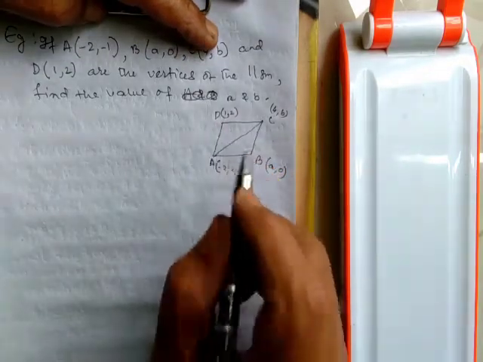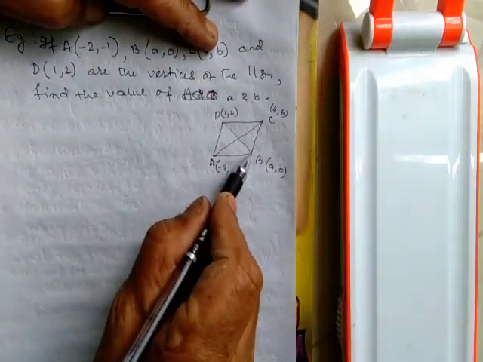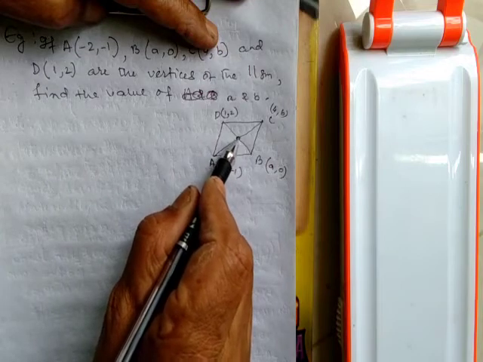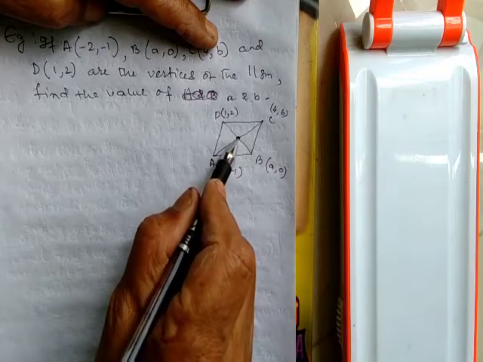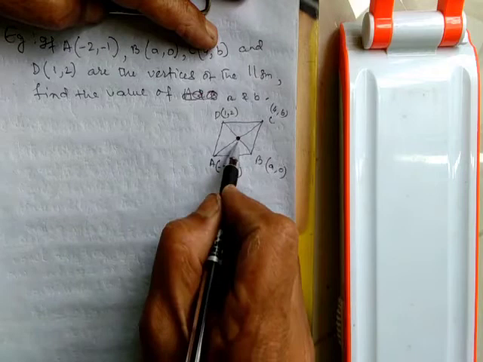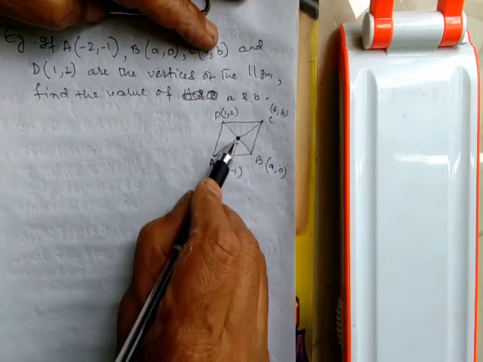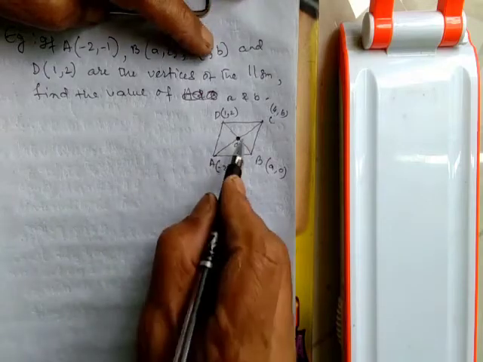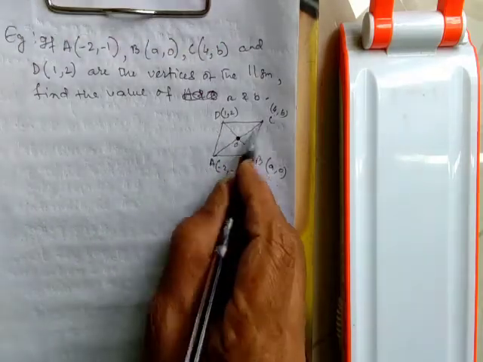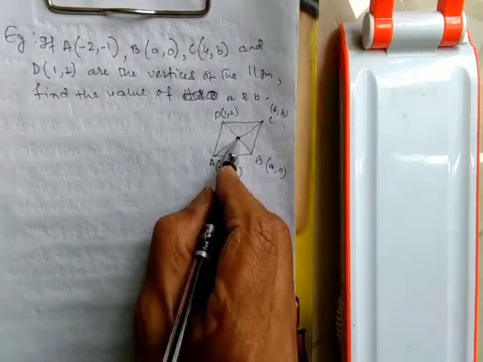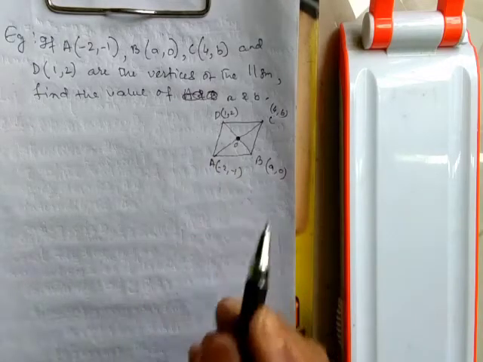And these are the diagonals I have drawn. We know that the diagonals of a parallelogram bisect each other. That is, OA is equal to OC and DO is equal to BO. For both the diagonals, the midpoint is O.